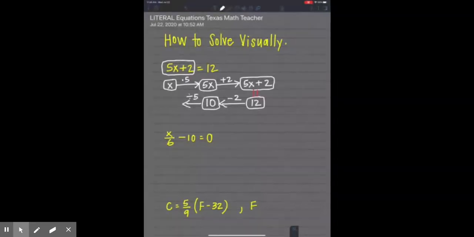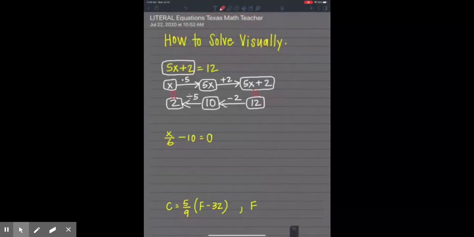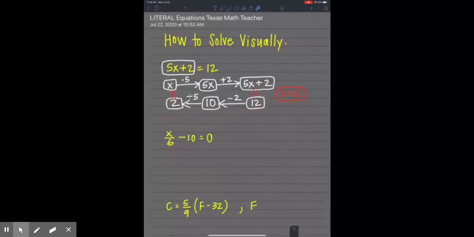So 10 divided by 5 is 2. So now I know that x equals 2. So I could write that over here. That's my final answer. And I've just made a really nice visual representation of building the equation and then undoing the equation to get to the answer.